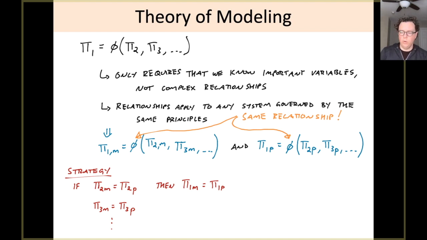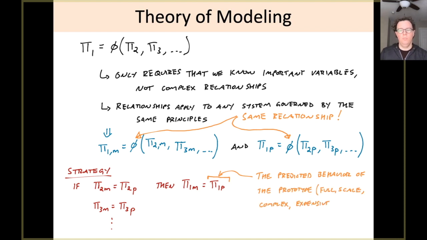So this is what underlies the way that we're going to push forward with modeling. So the thing that we actually want to predict at the large scale, at the prototype, we can do based on scale model experiments.